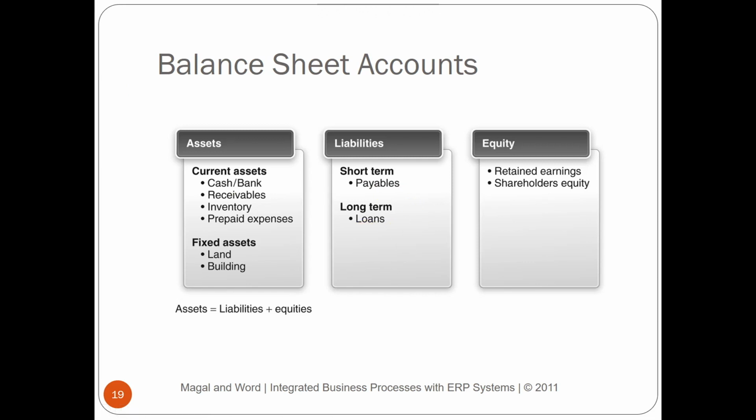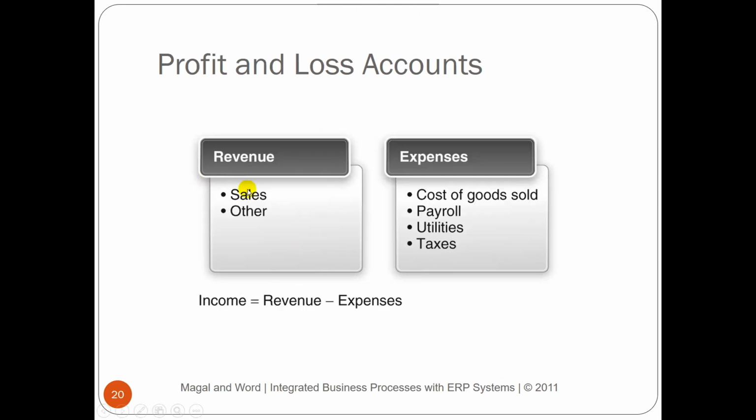The owner's equity refers to the owner's share of the company's assets. Revenues are the monies the company earns by selling its products and services. Expenses are the costs associated with creating and selling those products and services.